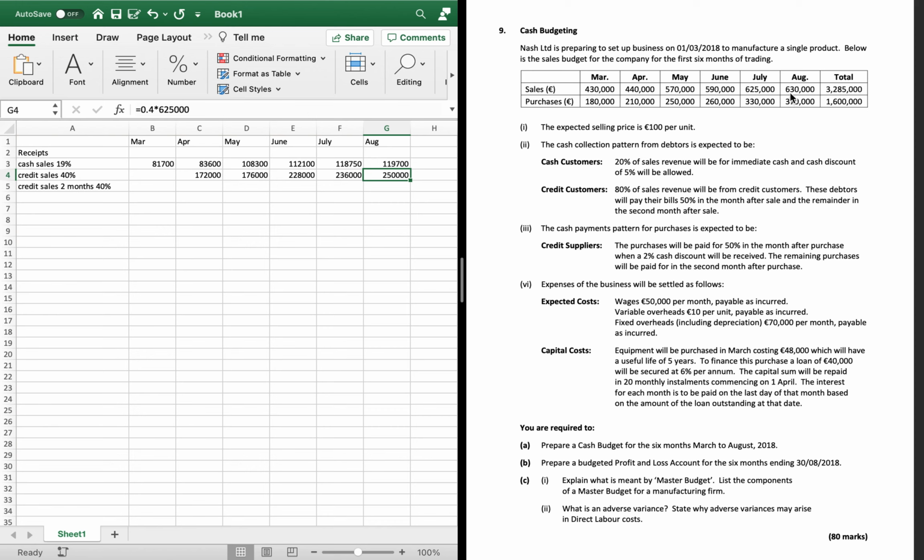Now August 630 is collected in September. We're only doing the cash budget as far as August, so we don't have to worry about that. So 0 there. We can go 0 here, 0 here, and then just bring the numbers down because they're the same number. So the 172 from April is going to be the same in May, and so on.